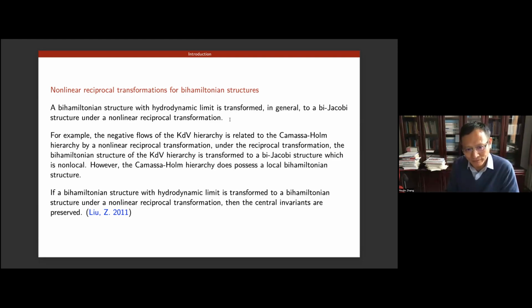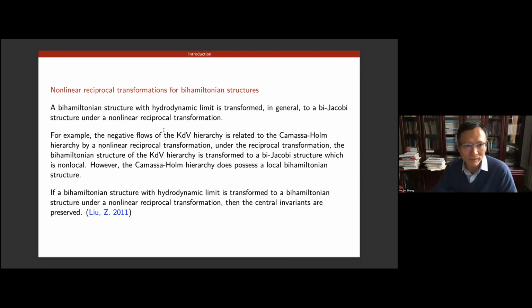We hope that our transformation, like the Miura type of transformation, would preserve locality, but reciprocal transformations usually destroy the locality of bihamiltonian structures.